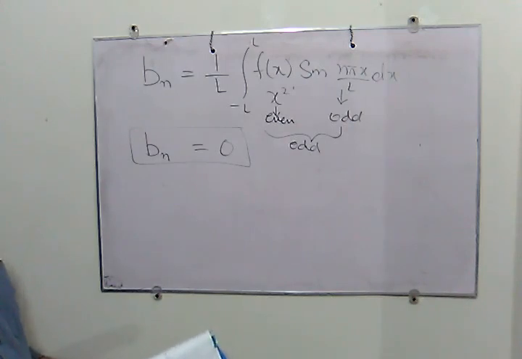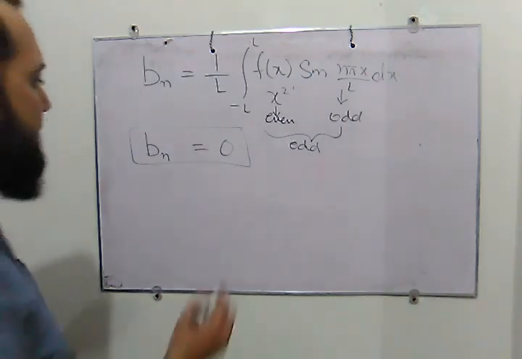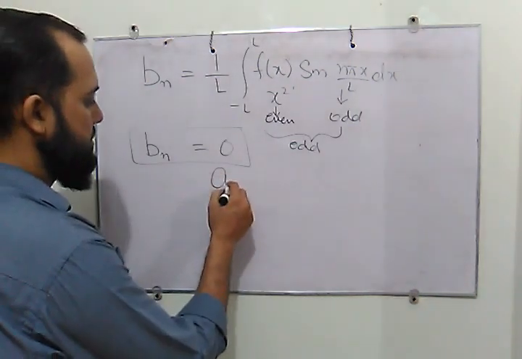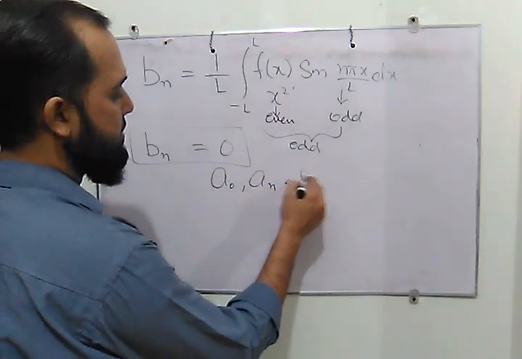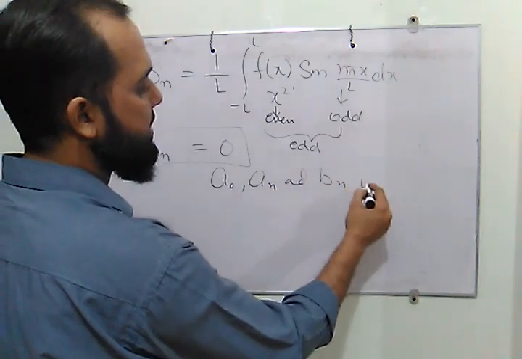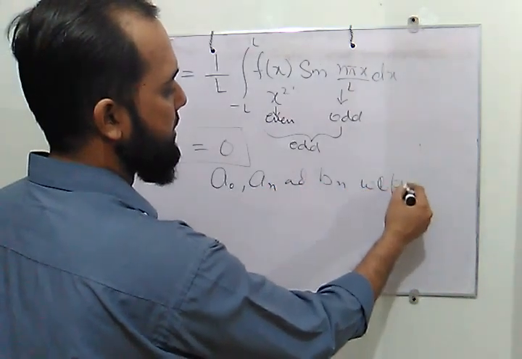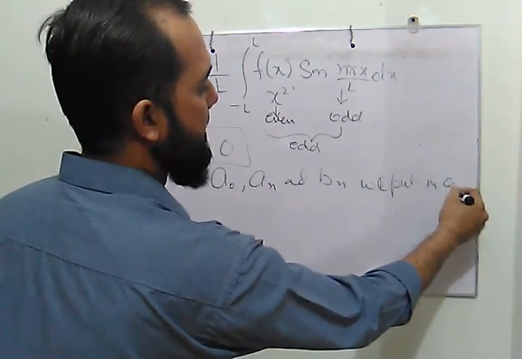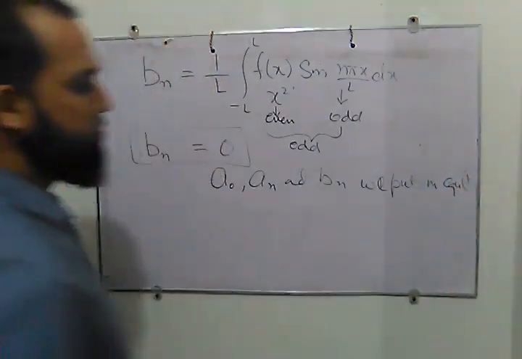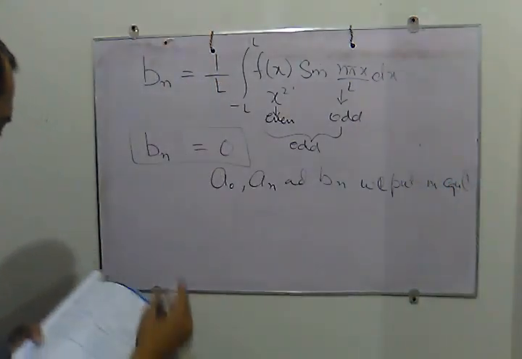So that's why the properties are important and easy to solve. So we have a naught, an and bn. We put it in equation 1. What we will get?